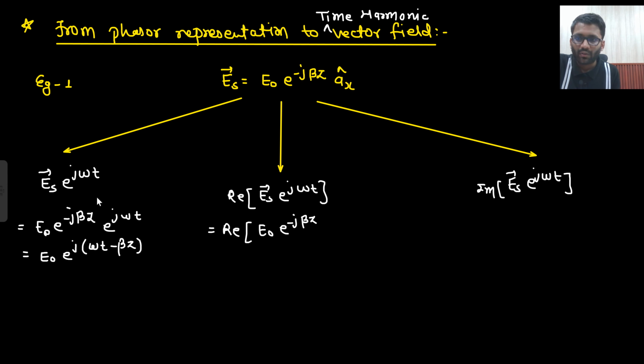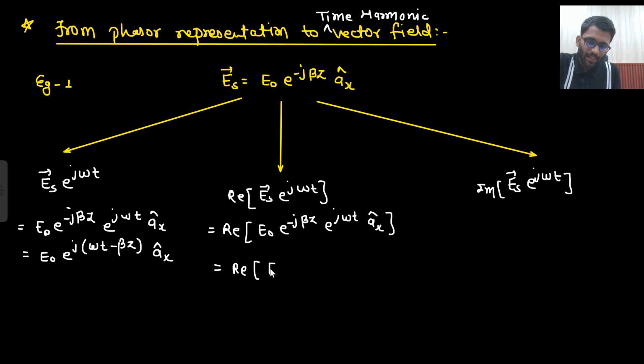Okay, don't forget Ax cap. In the vector field you will get this Ax cap, you only need to suppress the time term and take real or imaginary. So Ax cap is also there, so don't forget that. So what will be the real part of that? E naught, e to the power minus j beta z, e to the power j omega t. These will be added.